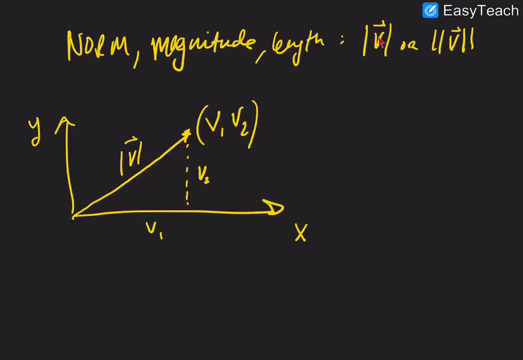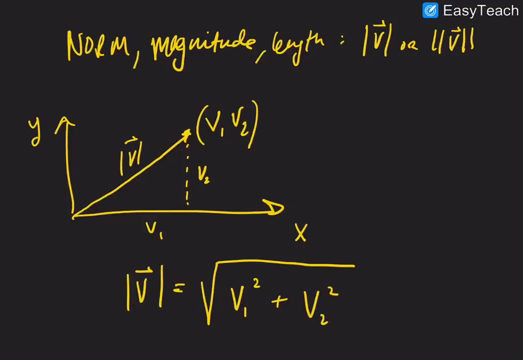The only difference is this vector is being insulated by one jacket, and this vector is being insulated by two jackets. I don't know. It's the same. So the way that you're going to find the magnitude is by taking the square root of the first component squared plus the square of the second component.